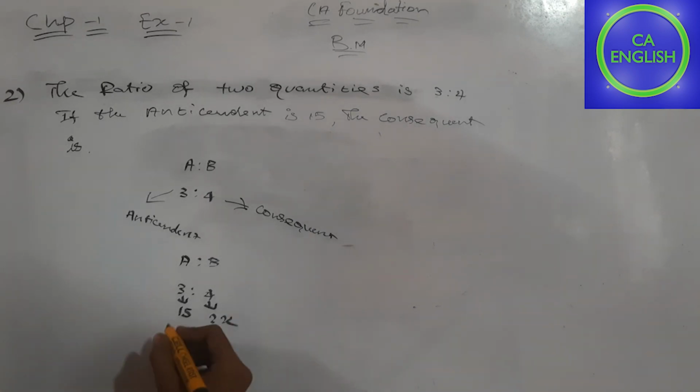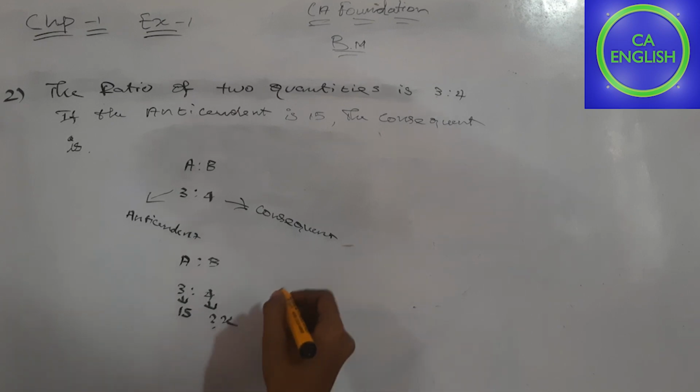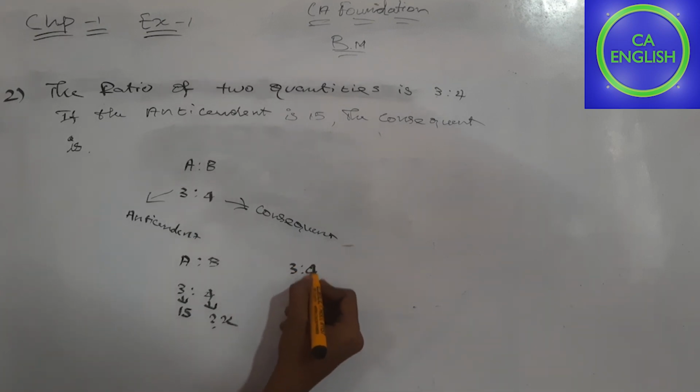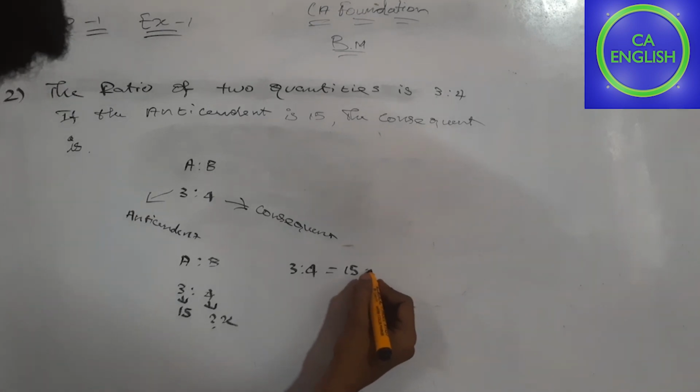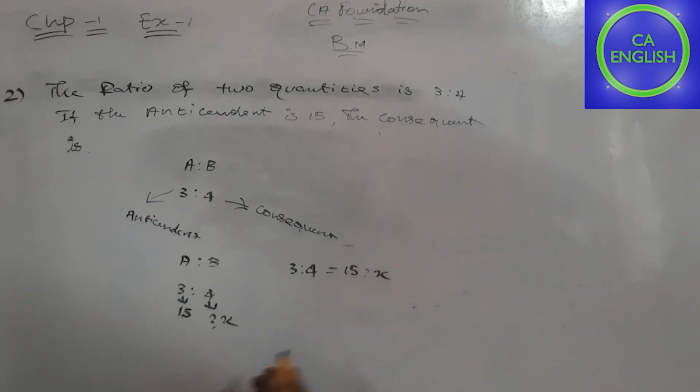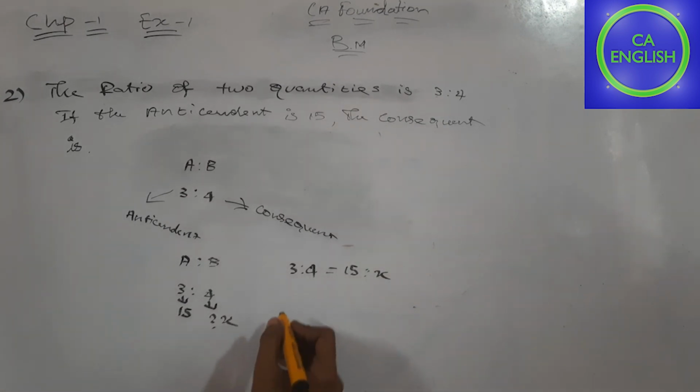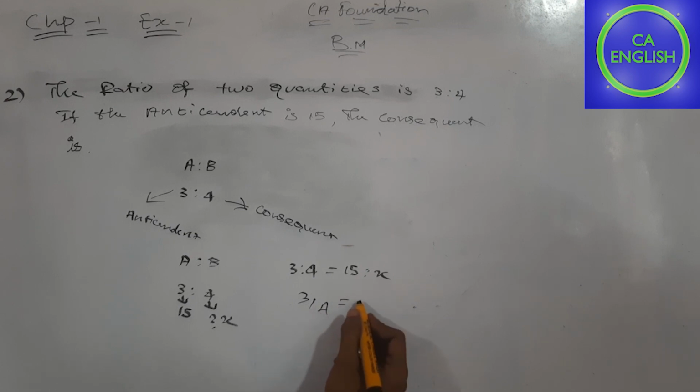Next, just write it as parallel ratios. Okay, 3 is to 4 equal to 15 is to x. This is now in ratio. We want to convert this into division: 3 by 4 is equal to 15 divided by x.